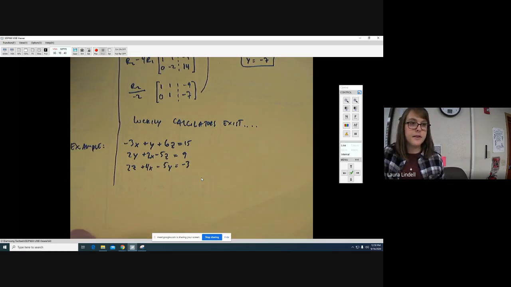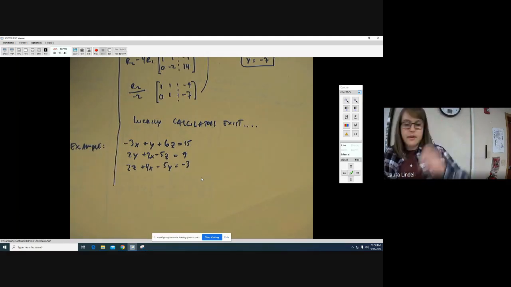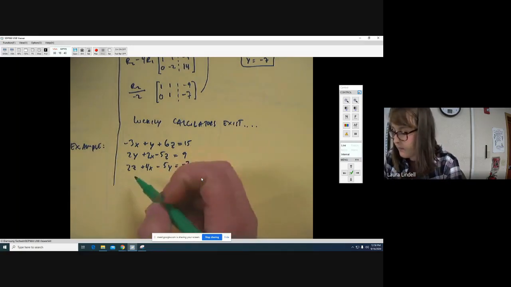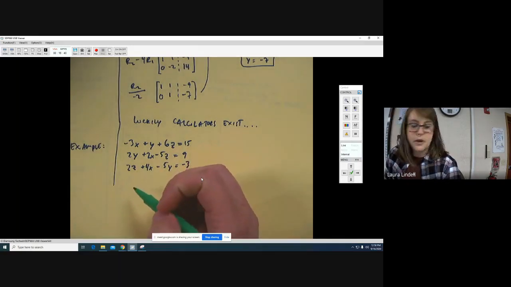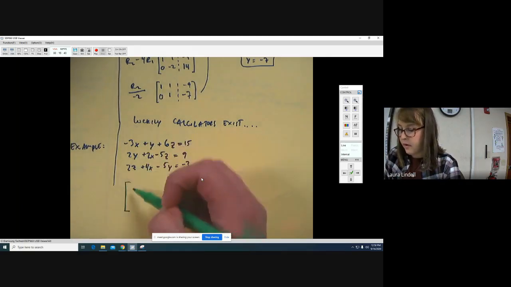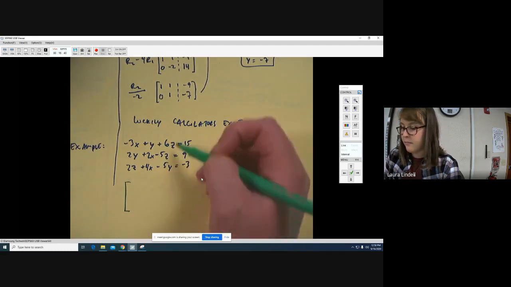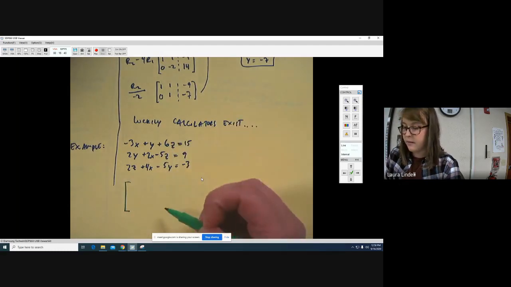Okay, and so the first thing that we have to be able to do is correctly put this into an augmented matrix. When we put things into an augmented matrix, be careful that you're putting the same variable in the first column, things with this next variable in the second column, and things with the third variable in the third column.